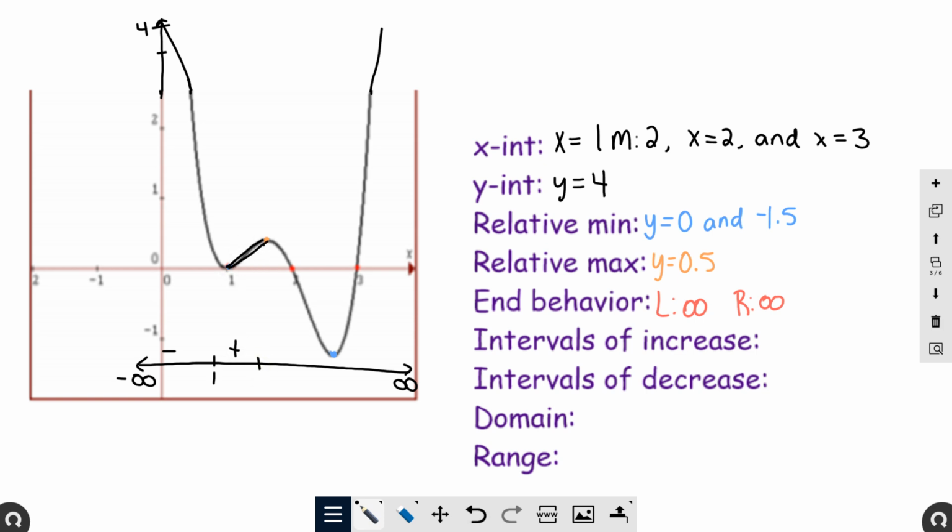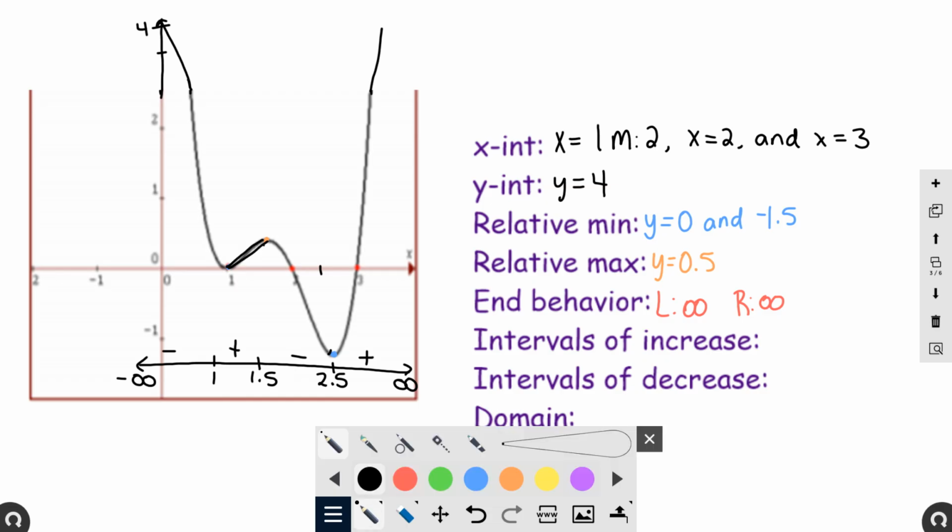What's this x value? 1.5. And then my graph is decreasing to here. Now again, the x value is, oh, nope, that's the y. We need the x. There you go. And then last, my graph is increasing. So it will always alternate. If it starts off decreasing, then it's going to increase, decrease, increase, decrease. And remember, you need the x values.